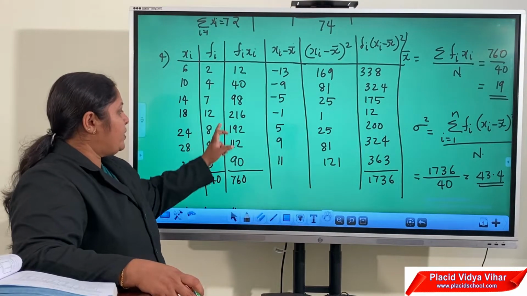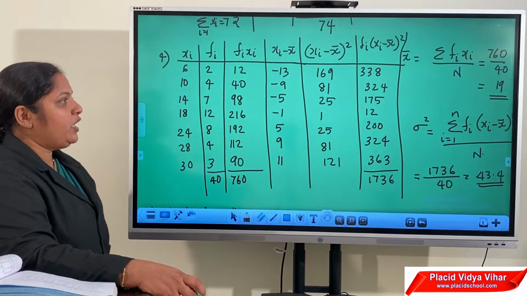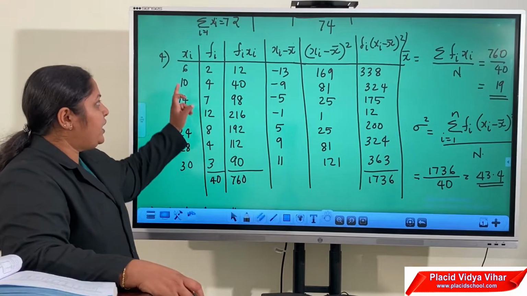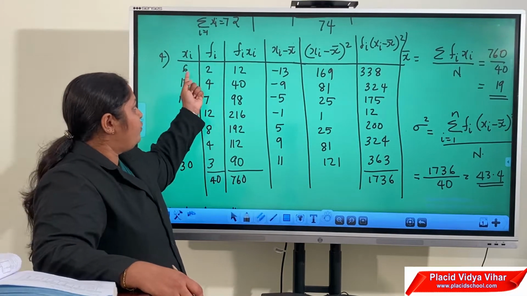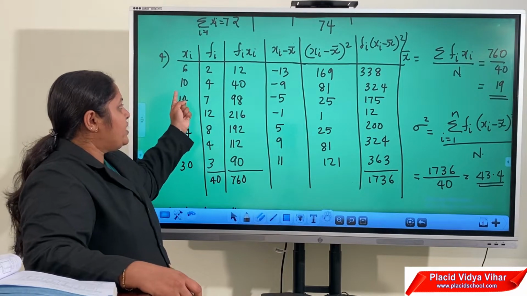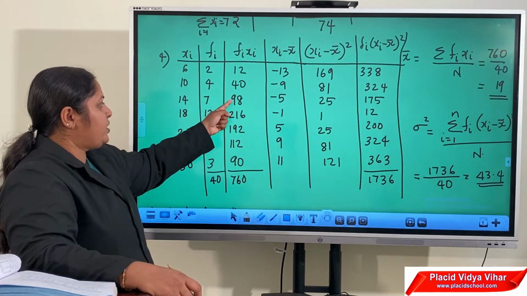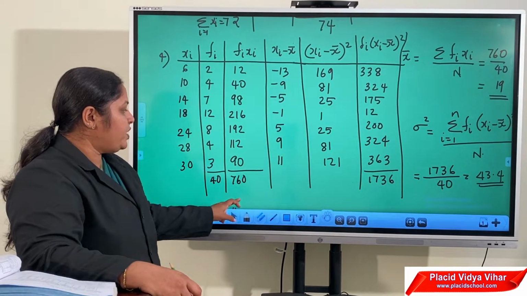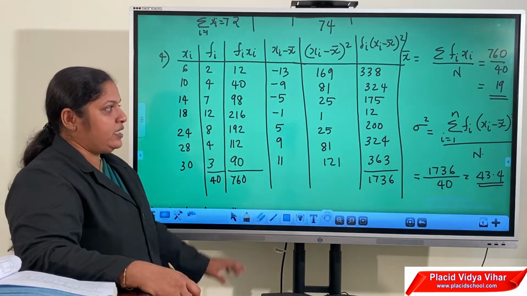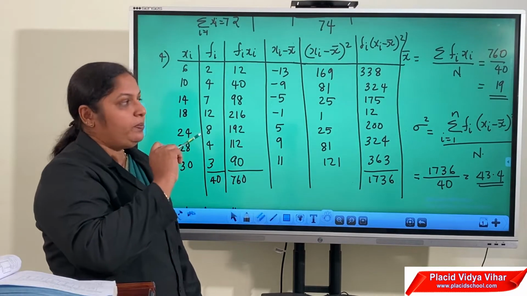So sum of frequencies we found out it is 40. In order to find out the mean, we need the product of frequencies and the values, that is fi xi. So 6 into 2 is 12, 10 into 4 is 40, 14 into 7 is 98. Similarly, all fi xi's we have got, and the sum is obtained as 716. Now, we can find out the mean. What is the mean?